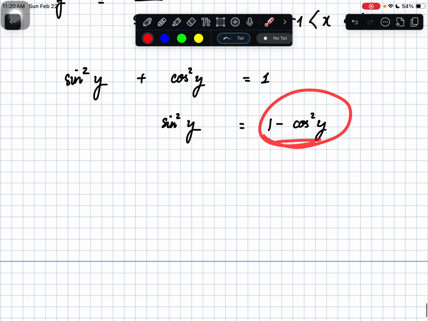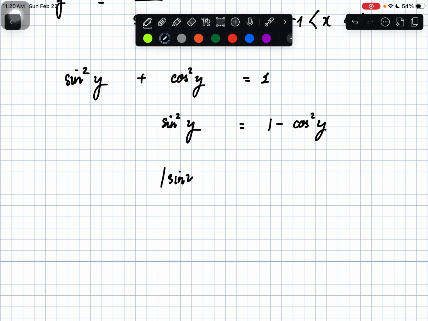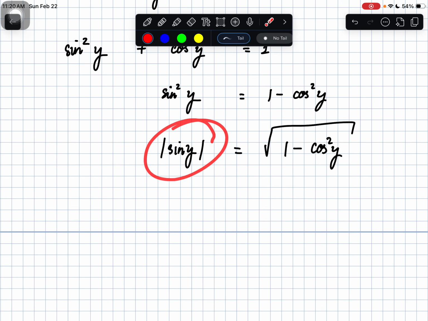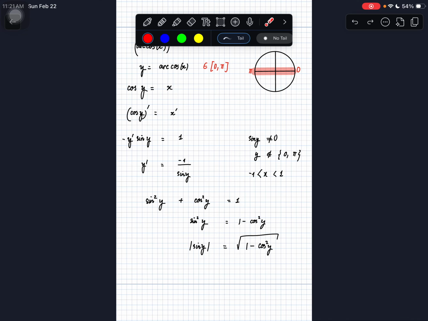You can take the square root of both sides. The left hand side becomes the absolute value of sine of y, and the right hand side is square root of 1 minus cosine squared of y. Now let's try to remove the absolute value. You see that we are working with the angle between 0 and pi, and actually we didn't even count 0 and pi in this case.